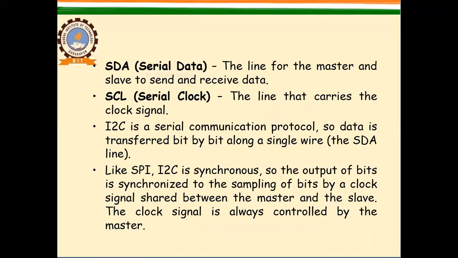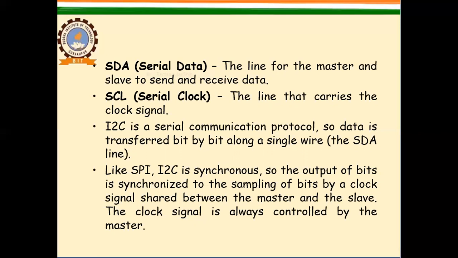Now we are going to study in detail the functionality of the different pins used in I2C, and the different steps used while communication takes place using the I2C protocol. First of all, we are going to study the line SDA, serial data line.